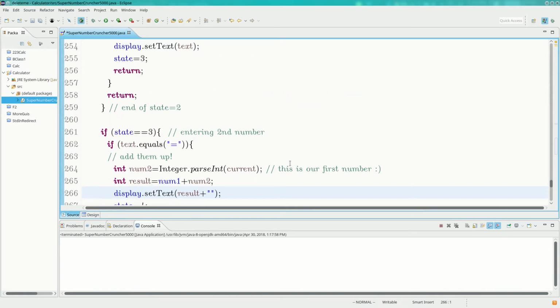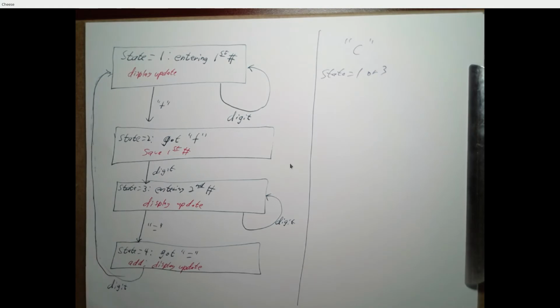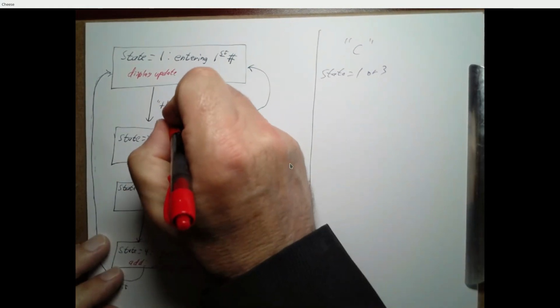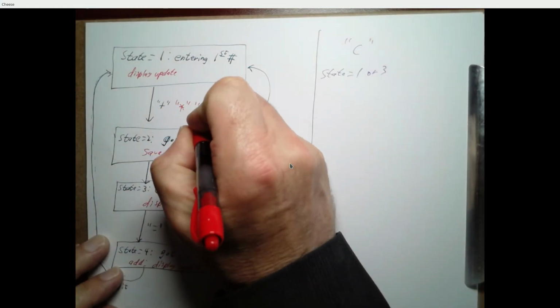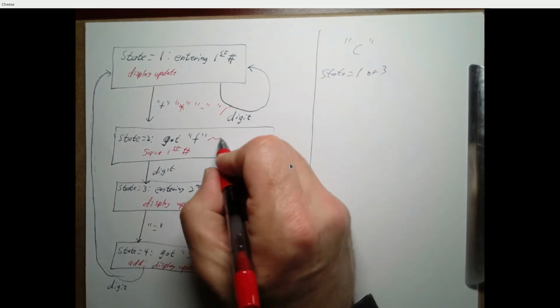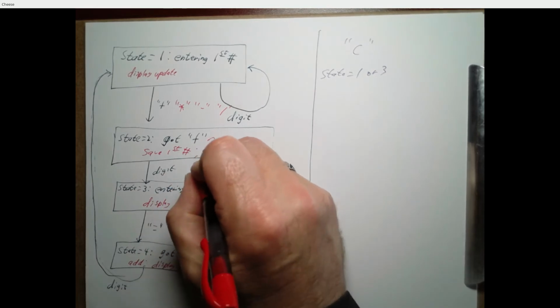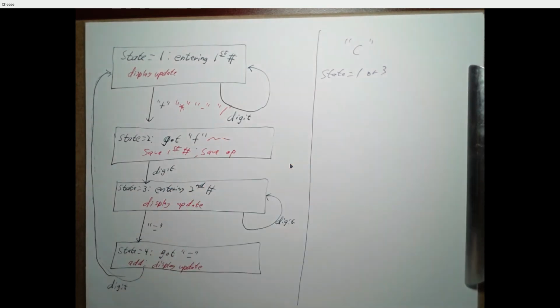Well, so what's different here? What's different on our state diagram? State 2. All right, we can transition on any of those action keys. And over here, it's going to tell us that we got something. But we're going to want to save that operator.